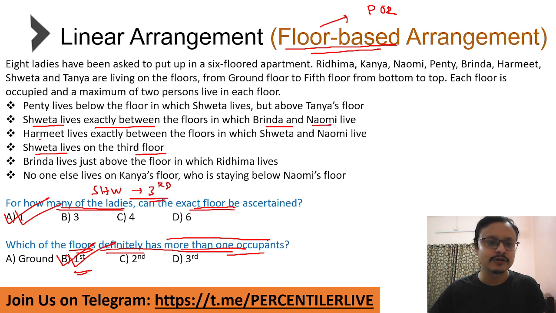There's again a direct clue related to Harmeet, Shweta and Naomi. Using which you try and plug in the people, and as you start plugging in people, look for further clues onto them. Also, at all points of time, staying alert for the question options is very important.